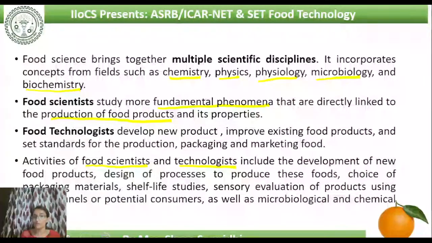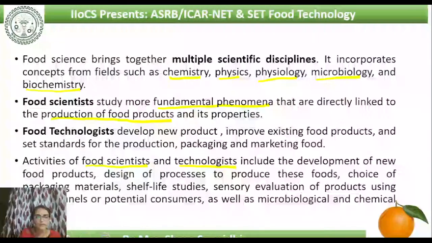After that, sensory evaluation. This is also a very important thing in commercializing a food product, right? Only if the food is appealing in taste and appearance will customers buy the particular product. That's why sensory panels and survey panels are organized, where a lot of people taste the product.